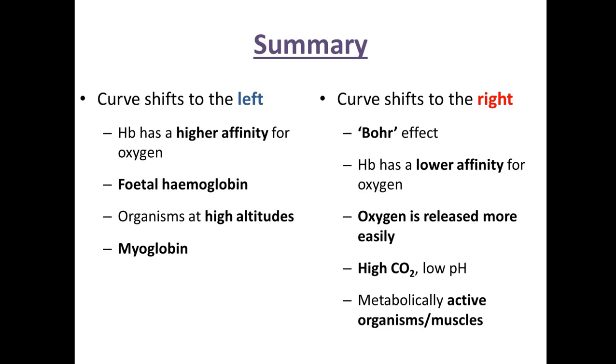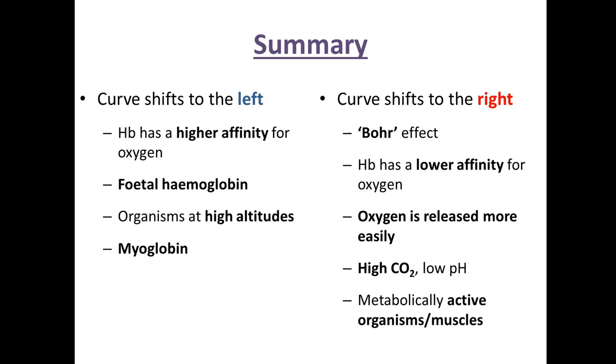And then on the other hand, if the curve shifts to the right, this is known as the Bohr effect. If an organism is exercising vigorously, etc. And the Bohr effect means that the haemoglobin will have a lower affinity for oxygen. It means that the oxygen is released more easily, and it usually happens when there's a high carbon dioxide concentration.